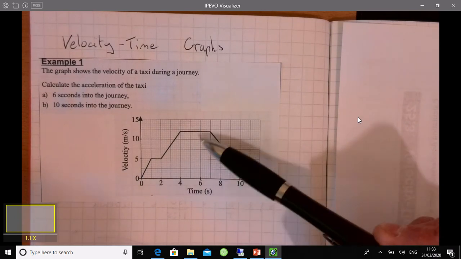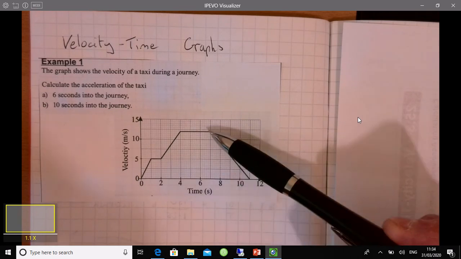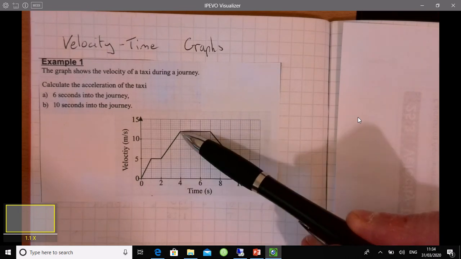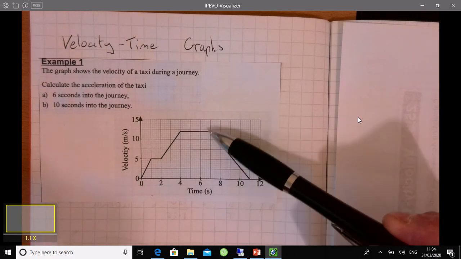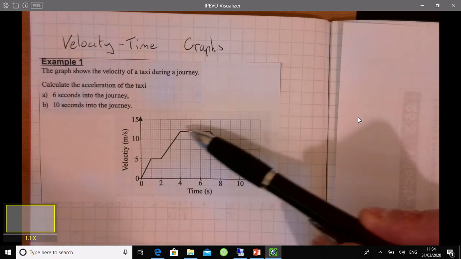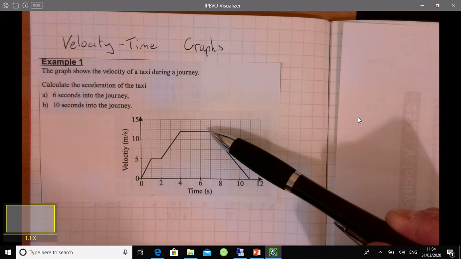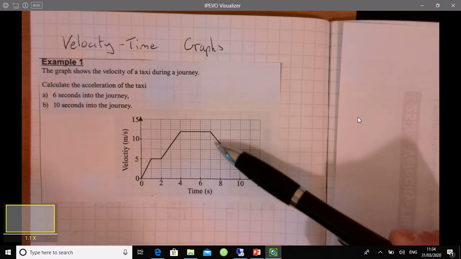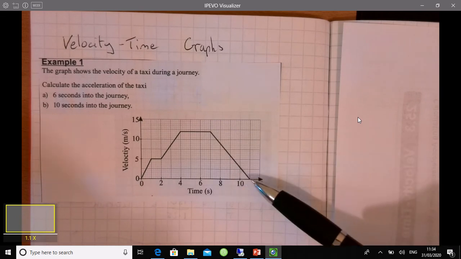On a distance time graph, this would mean that you would be stopping. We don't stop here. It means that we're carrying on at 12 meters per second. So actually the acceleration is zero during this period. It just means we're going at a constant speed and then decelerating here. So we're going to be getting slower but at a constant rate.